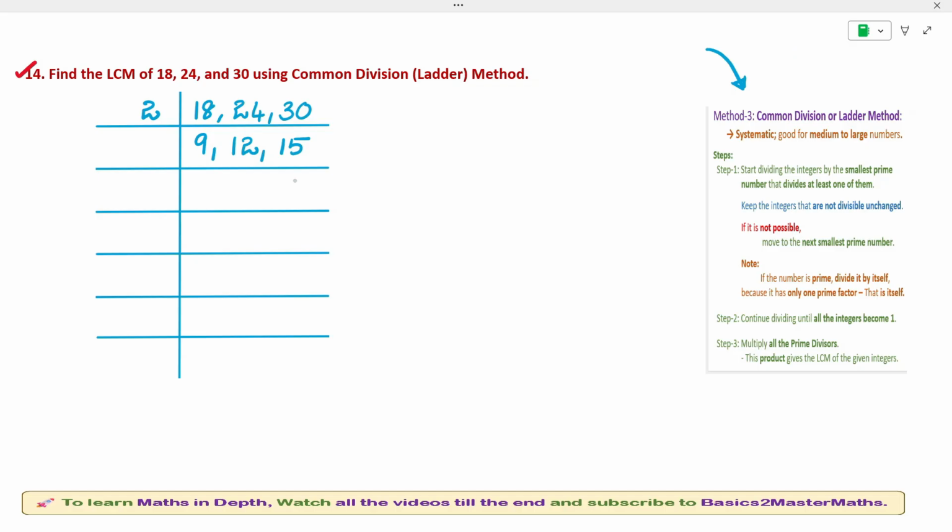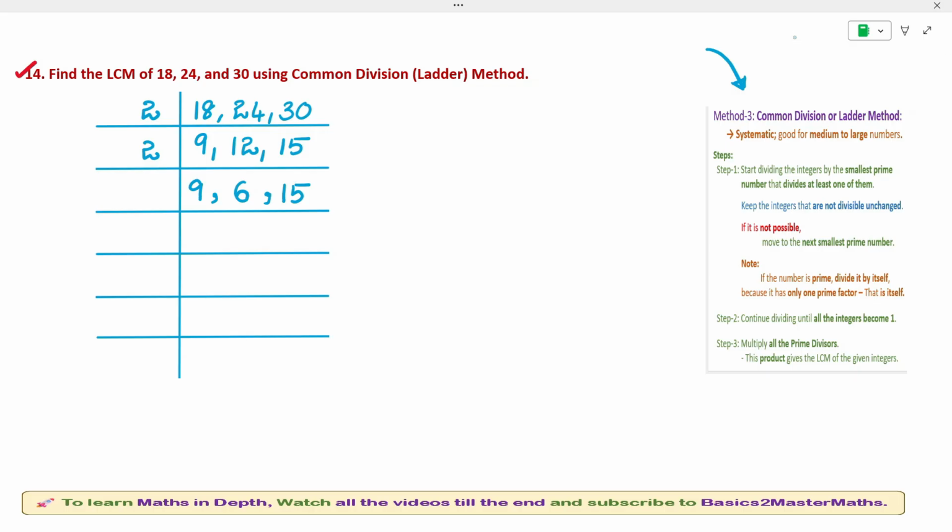Again, start dividing 9, 12 and 15 by the smallest prime 2. Since 2 divides only 12 exactly, we get 6, while 9 and 15 remain unchanged.